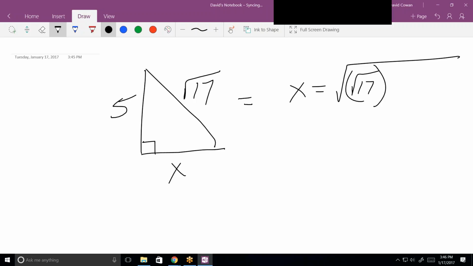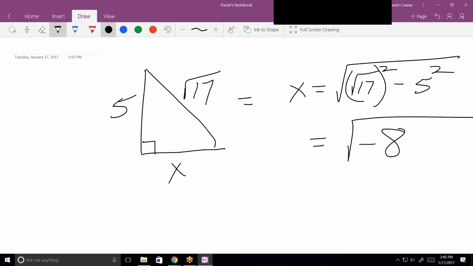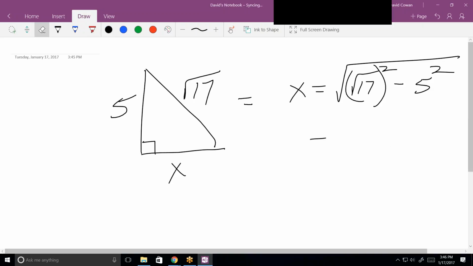Well, it's the square root of 17 squared minus 5 squared. What's that give us? It gives us a negative number. Ah, that tells us something. What does it tell us? That it's unsolvable. It's an impossible triangle.